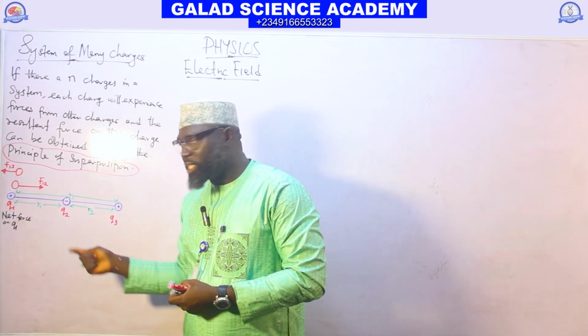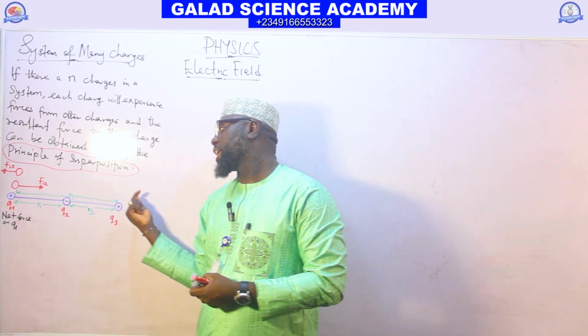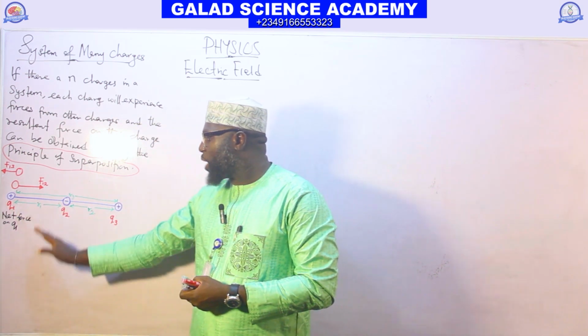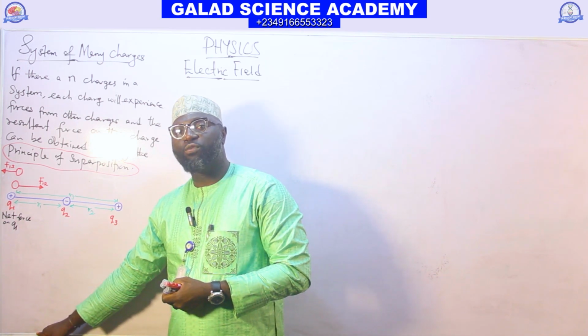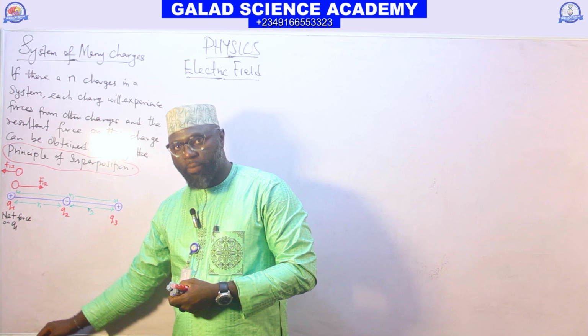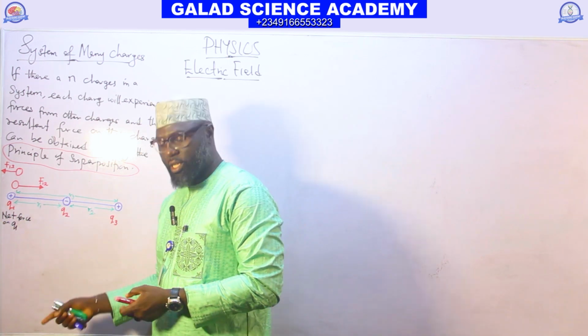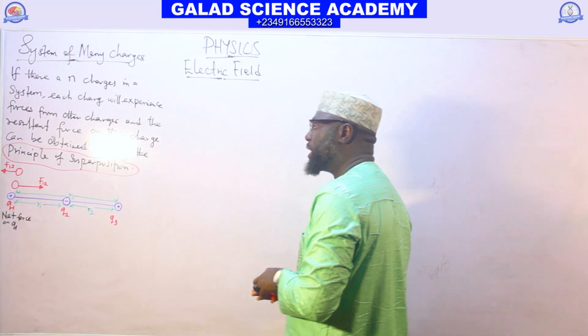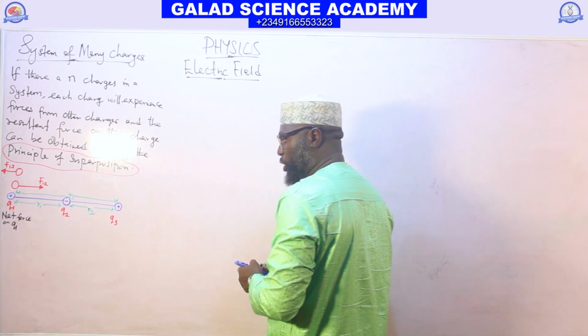We need to consider Q1 and Q4 too. So this is how we deal with a system of charges. Before we can know the net force, let me explain the principle of superposition.